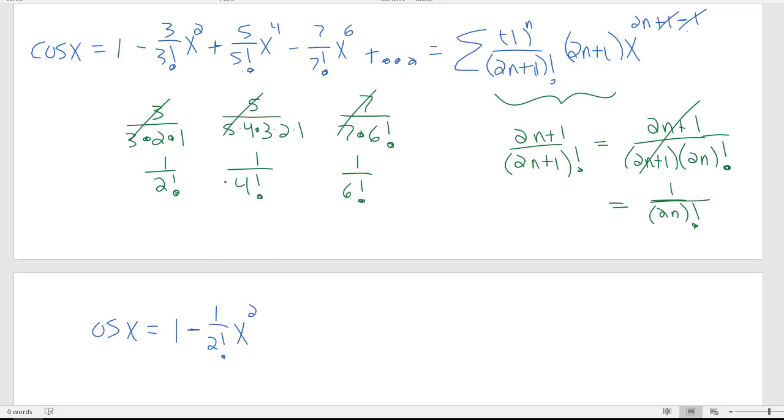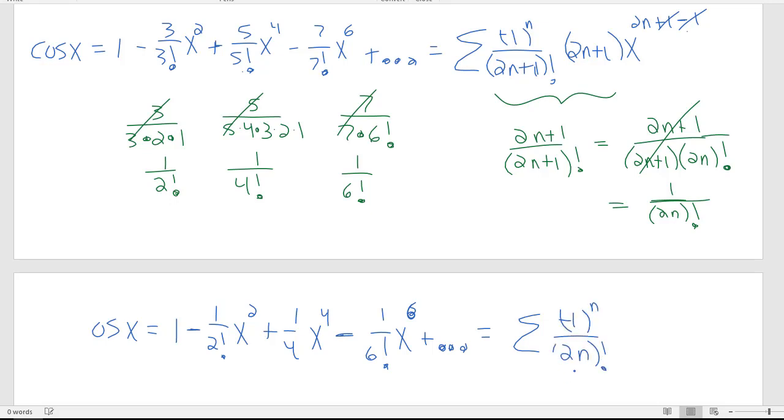And then this next coefficient, we have 5 over 5 factorial that we reduced to 1 over 4 factorial x to the 4th. And then we have minus 1 over 6 factorial x to the 6th plus dot dot dot, and then that's equal to the sum of negative 1 to the n over 2n factorial x to the 2n.